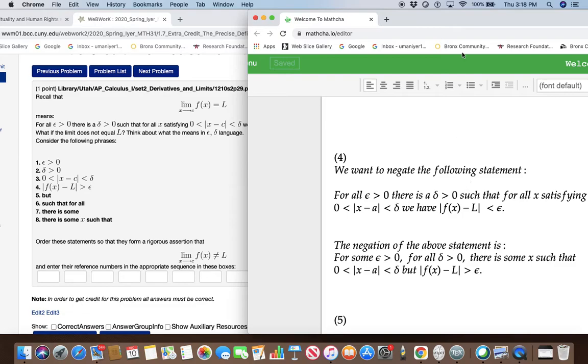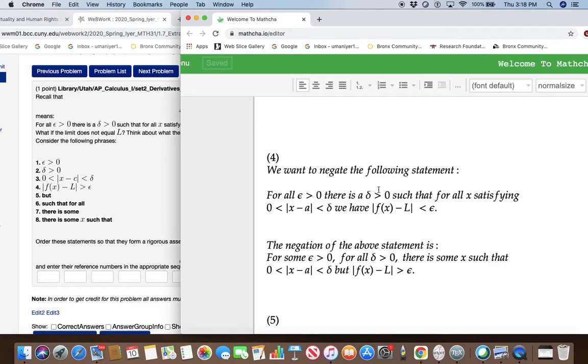In other words, we want to negate the given statement. For all epsilon, the negation of for all becomes for some. For some epsilon greater than 0, there is, the negation of that is for all delta greater than 0, such that for all x, there is some x.